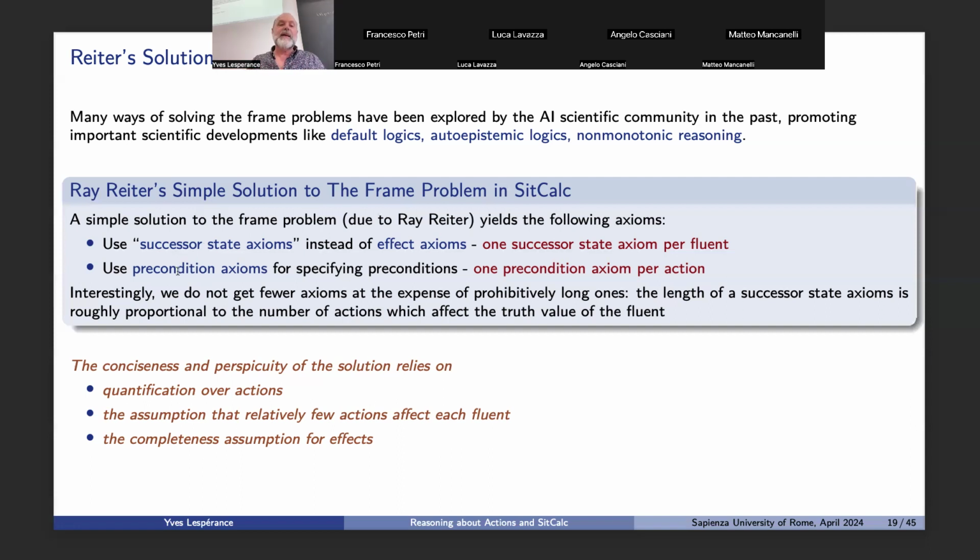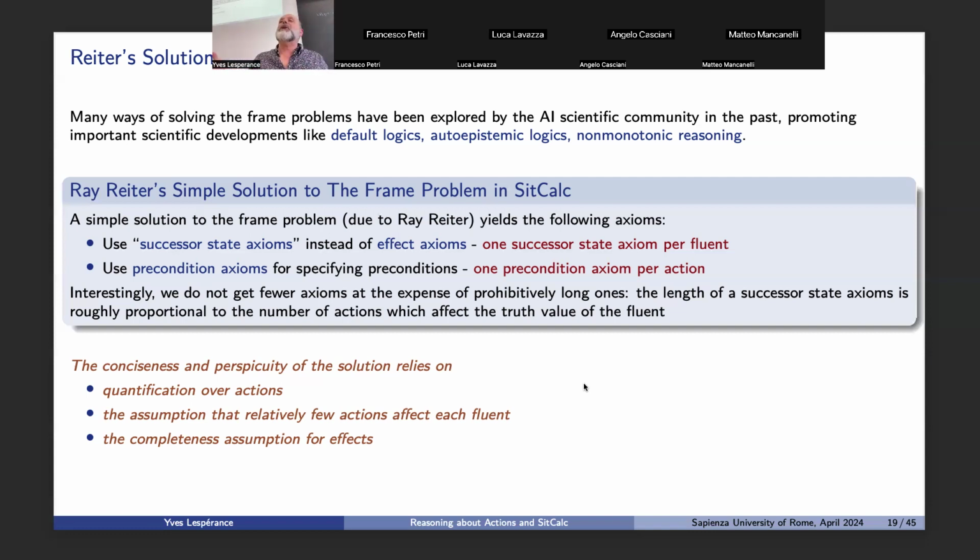And for the precondition, it's more or less what we had before, because the frame problem deals with the effect and non-effect of the action, not when the action is possible. Another thing is that this solution doesn't produce successor state axioms that are very, very long.